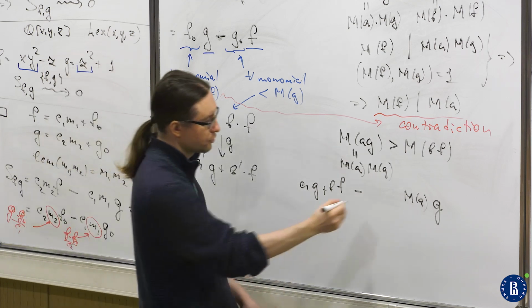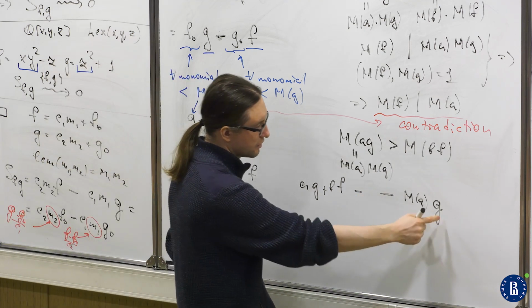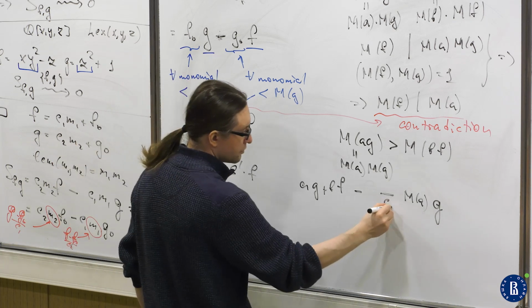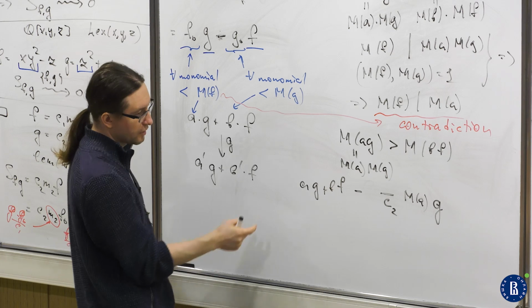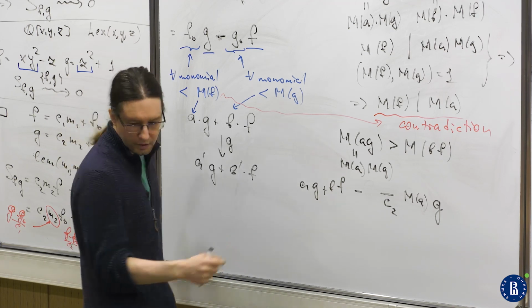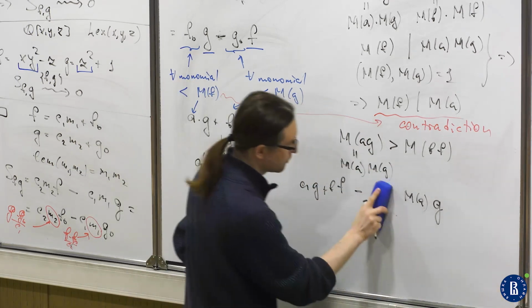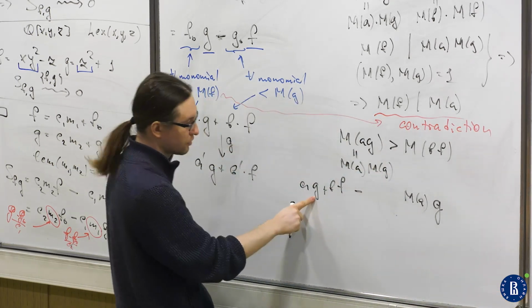So first of all, we should divide by the coefficient of G, which is C2. And then we should multiply, oh, actually, it doesn't matter. We don't need to divide by that because G is also here.